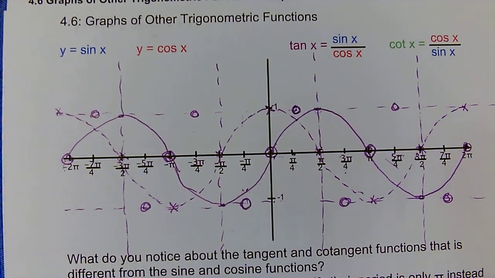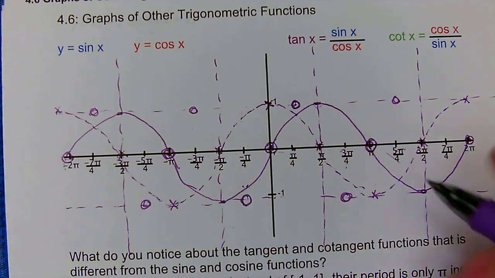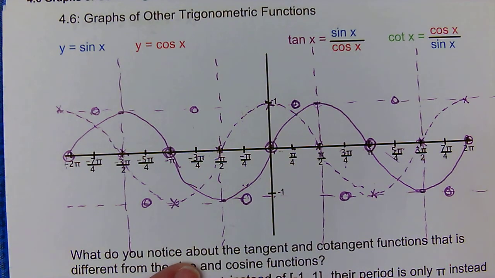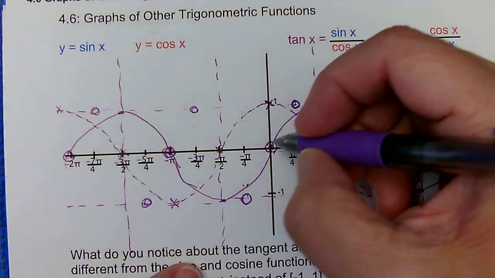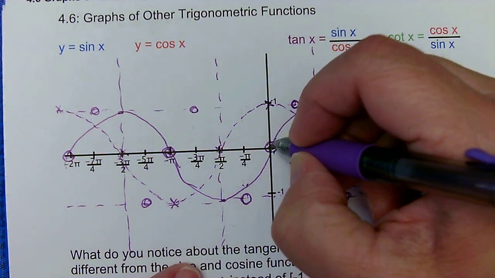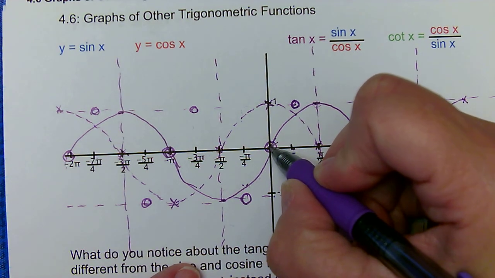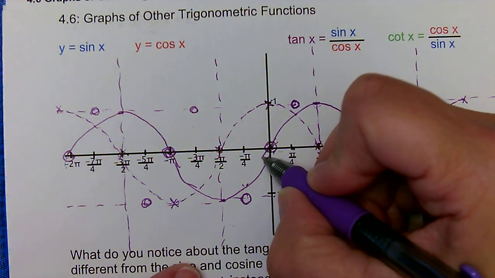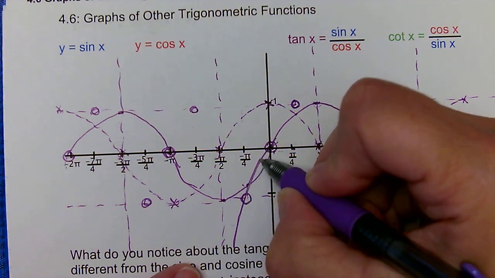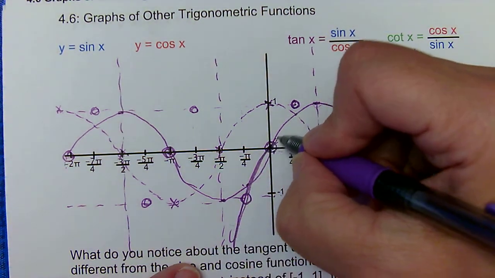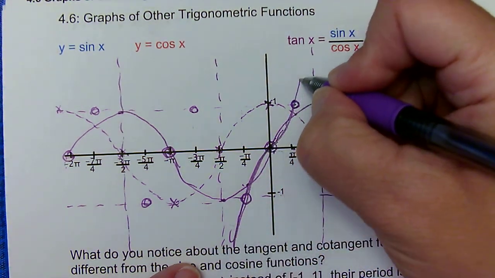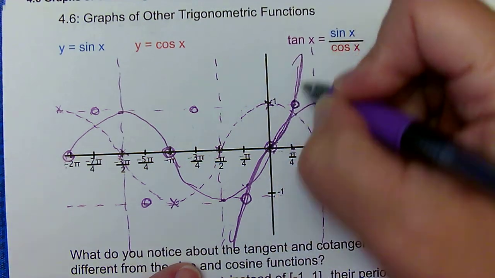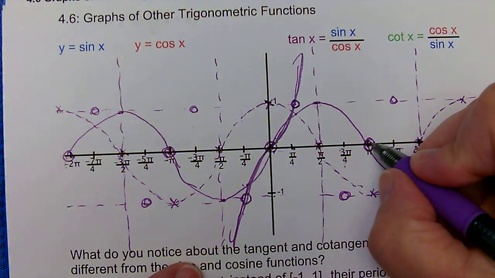Well, because we have all these points of non-existence, that means we're going to have sections that don't touch. And in fact, if you plug some other points in here, what you're going to see happening is, for the part below the midline, it curves downward. And for the part above the midline, it curves upward. So it's kind of a long, stretched out S-curve.